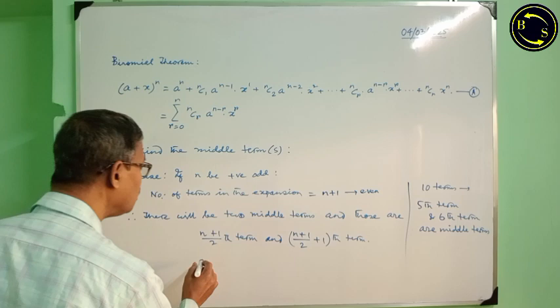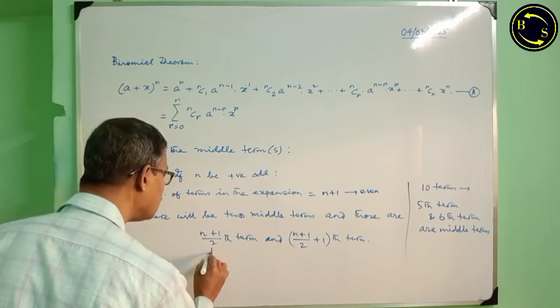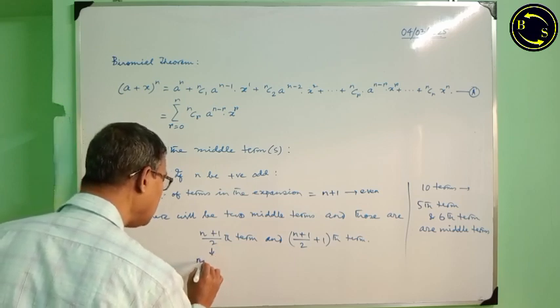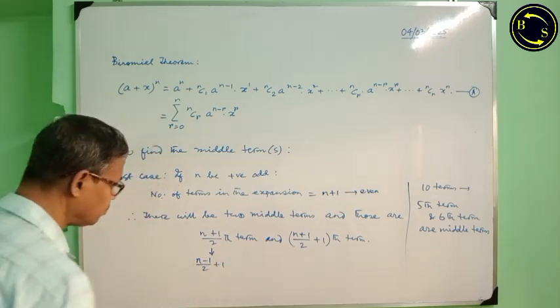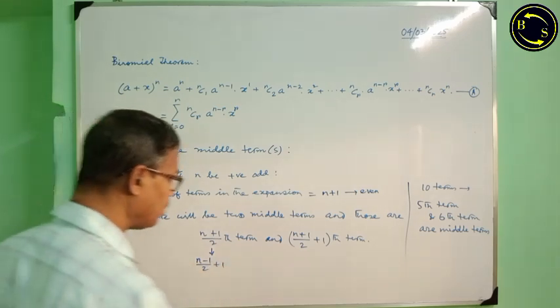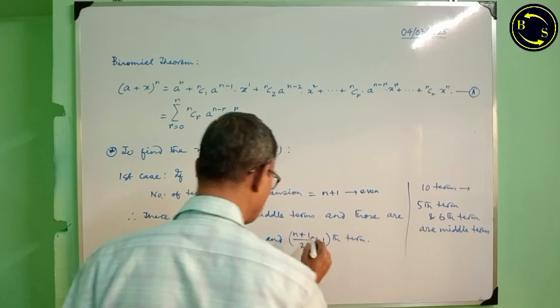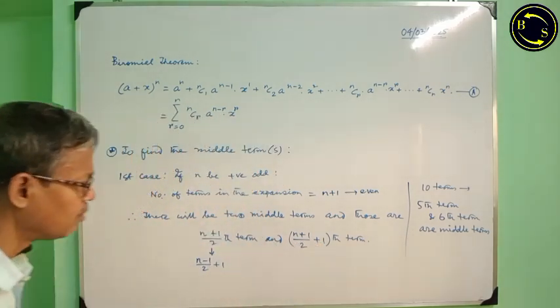Now, this is (n minus 1)/2 plus 1 and this is (n plus 1)/2 plus 1 th term.